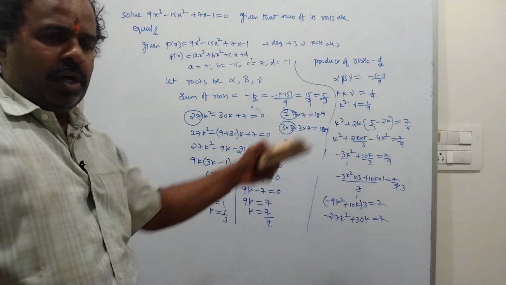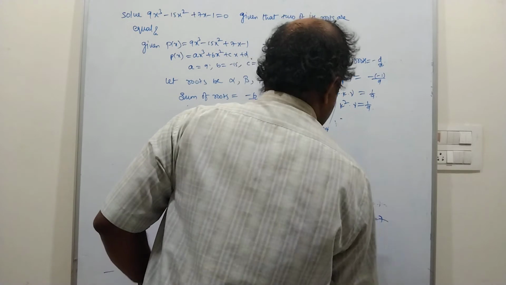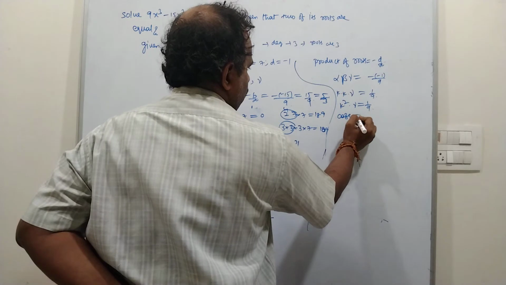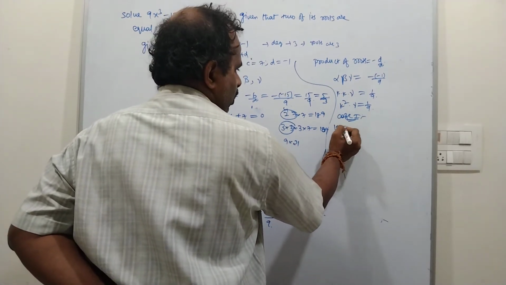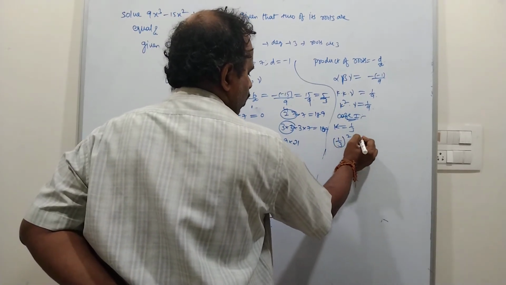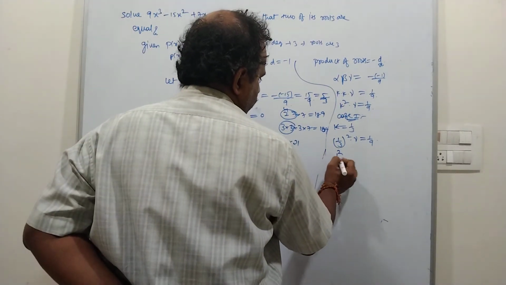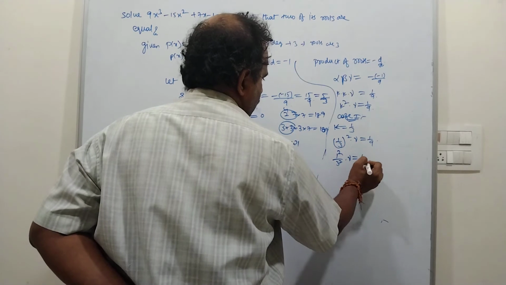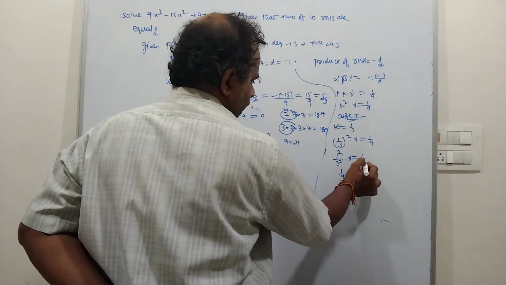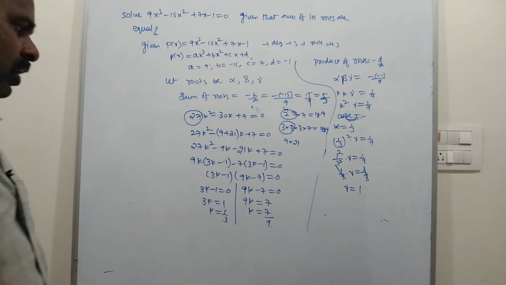Now, we have already written the product of roots, so take k² × gamma = 1/9. Case 1: k = 1/3. (1/3)² × gamma = 1/9. So 1²/3² × gamma = 1/9, that is, 1/9 × gamma = 1/9. The 1/9s cancel, so gamma = 1.